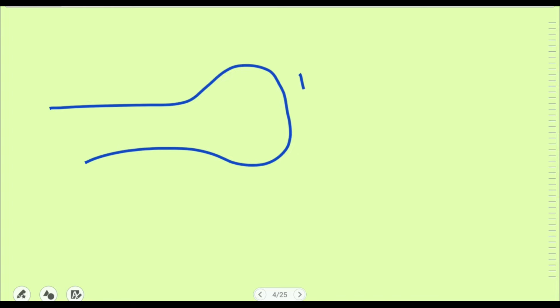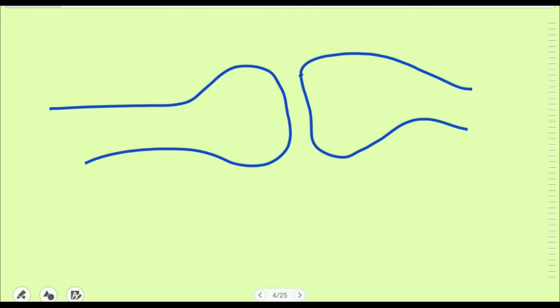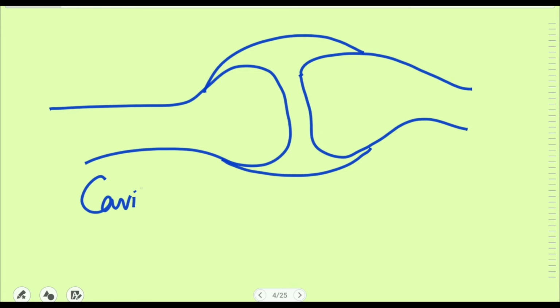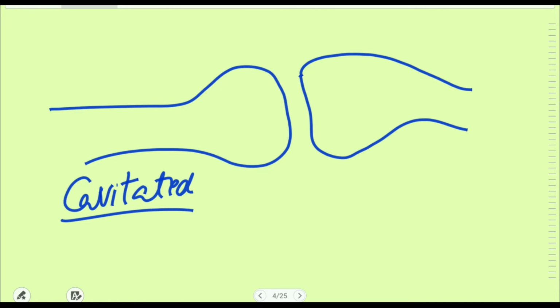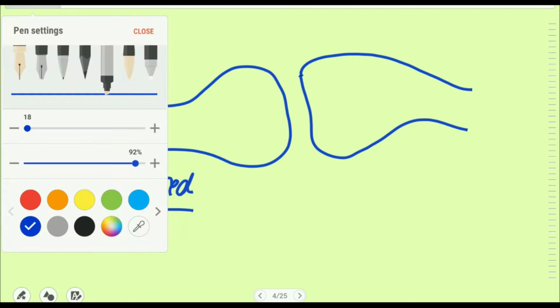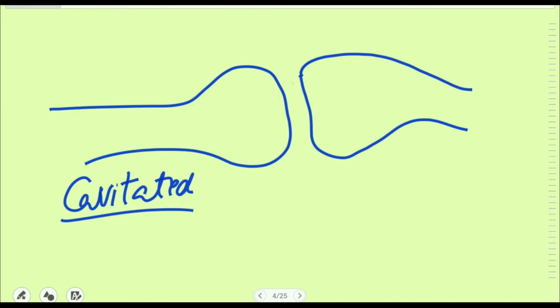Now look at here. This is the bone, this is another bone, and they make a contact. If you get a capsule and this contact between two bones is converted into a cavity, then we say that it's a cavitated joint or diarthrosis joint. If there is no cavity, then comes the question of what is the uniting medium between the two bones.